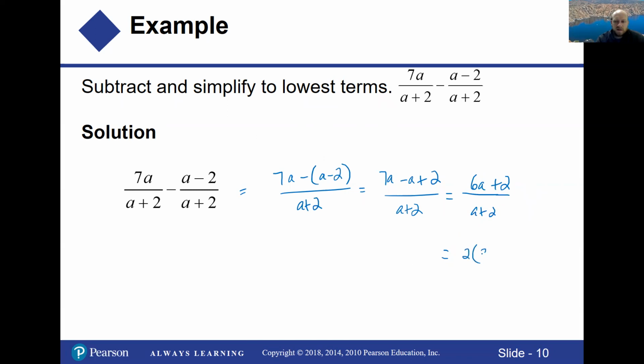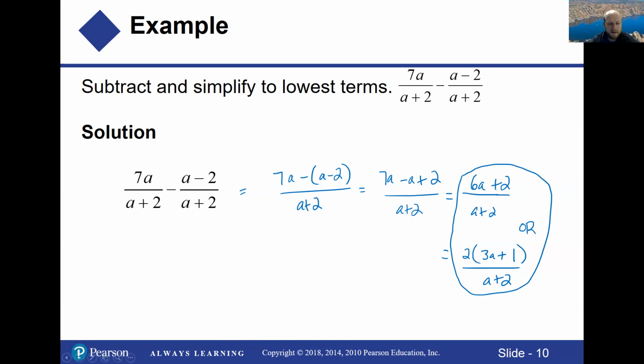So I'd have 2 times parenthesis 3a plus 1 all over a plus 2. Now I can't cancel any factors here, because we have a 2 out front here and this is a plus 2, but you could kind of go this one step further here. So I would accept either this guy or this one.